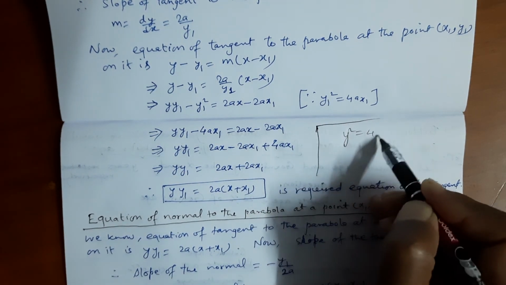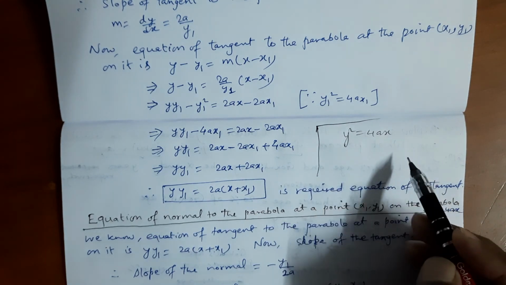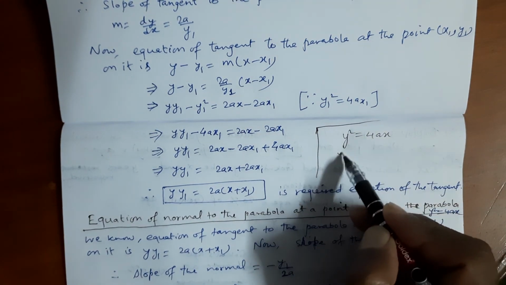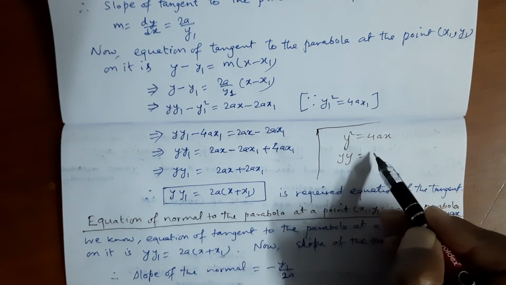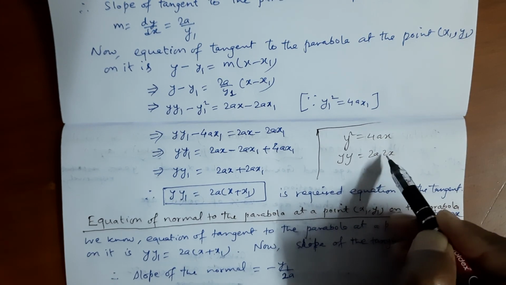Y square equals 4ax is the equation of the parabola. So y square we can write as y times y, and 4ax we can write as 2a times 2x.